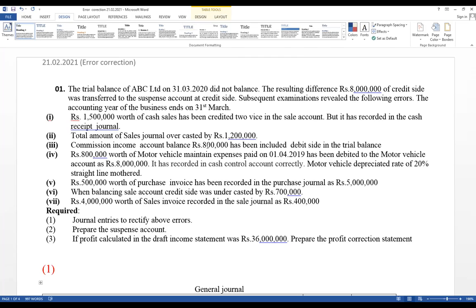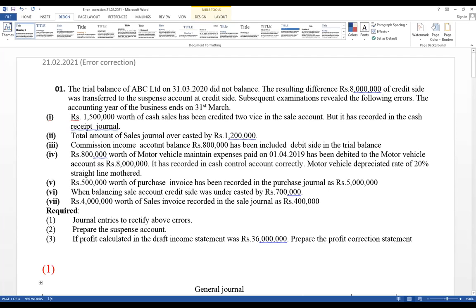It has been debited wrongly. Therefore, the trial balance should be credited twice, not 800, but 1.6 million. Therefore, trial balance credit, suspense account debit. If it has been recorded on the incorrect side, twice should be recorded for correction, a dual effect.